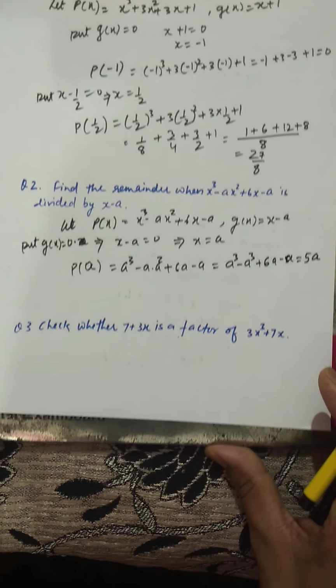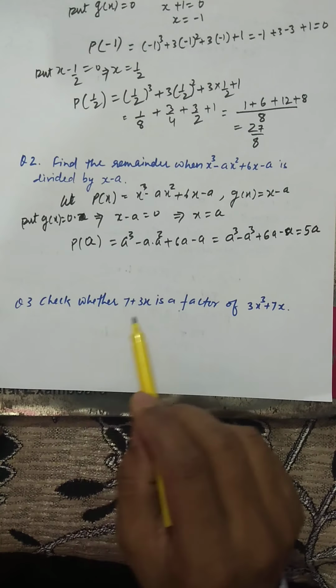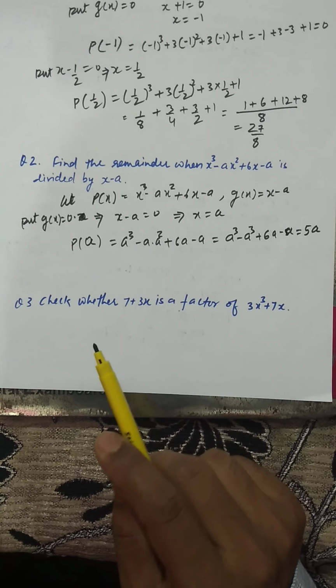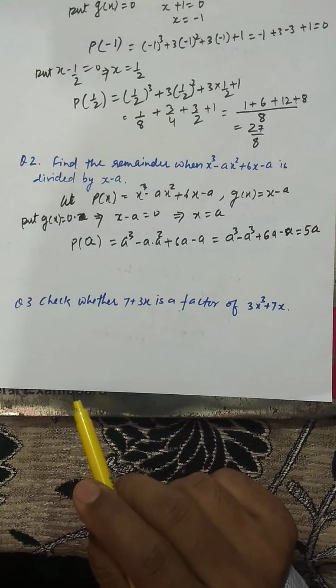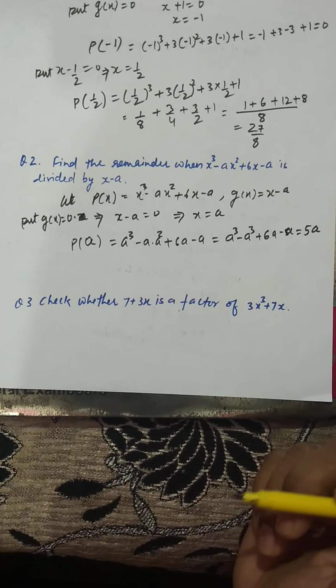Now question number 3, again a very important question. Check whether 7 plus 3x is a factor of this. Now if you take an example, if I ask you whether 4 is a factor of 24, you can answer this: if you divide 24 by 4, your remainder should be 0, it means it is a factor.